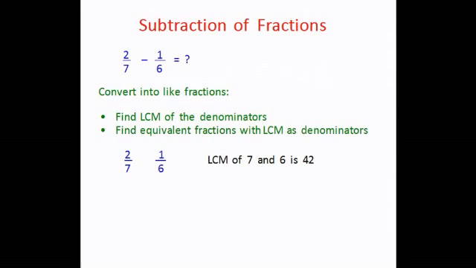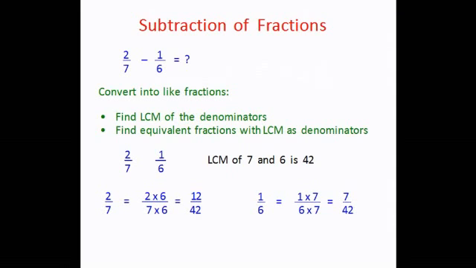So let's do that. For 2 over 7 and 1 over 6, the denominators are 7 and 6. So the LCM of 7 and 6 is 42. 6 sevens are 42.